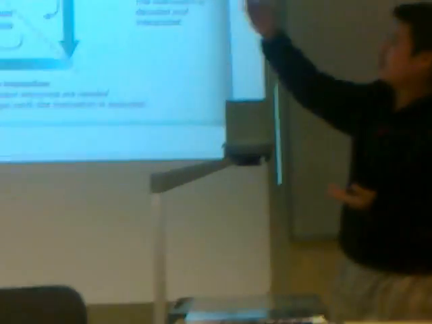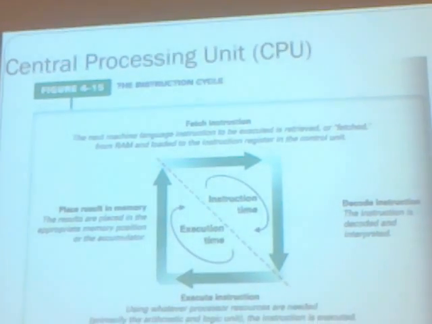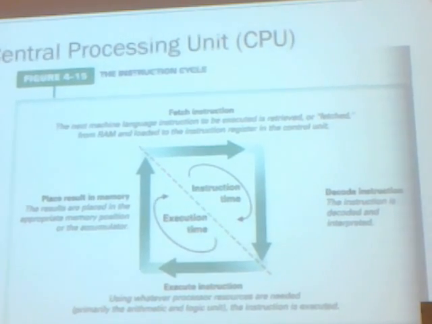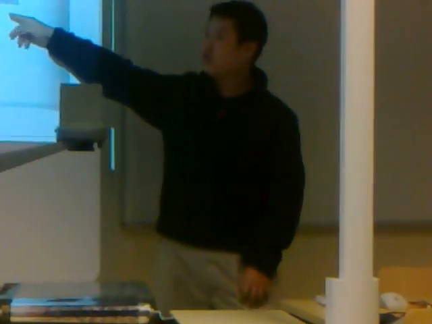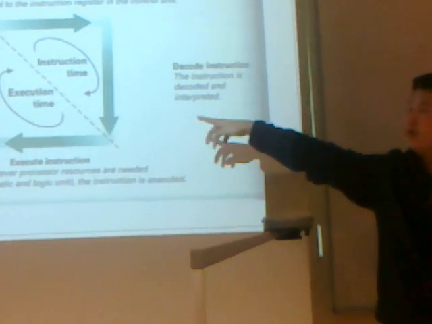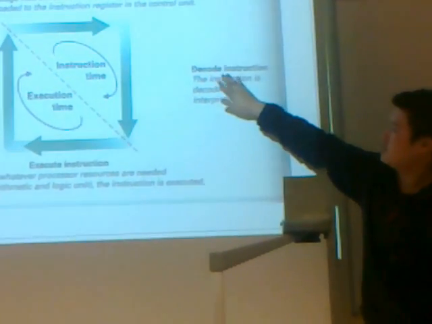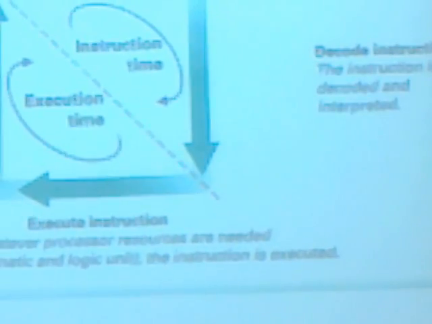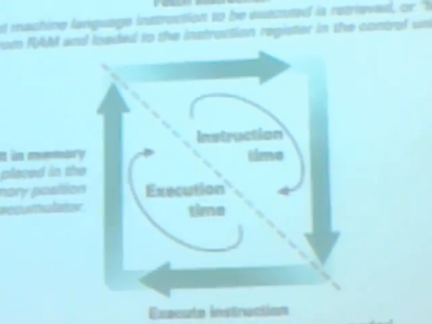At the first step we have fetch instruction. The instruction will be loaded from the RAM into the register in the control unit. This period we call instruction time. After that the instruction is decoded. The control unit will determine which component or which feature will be needed to solve the problem.